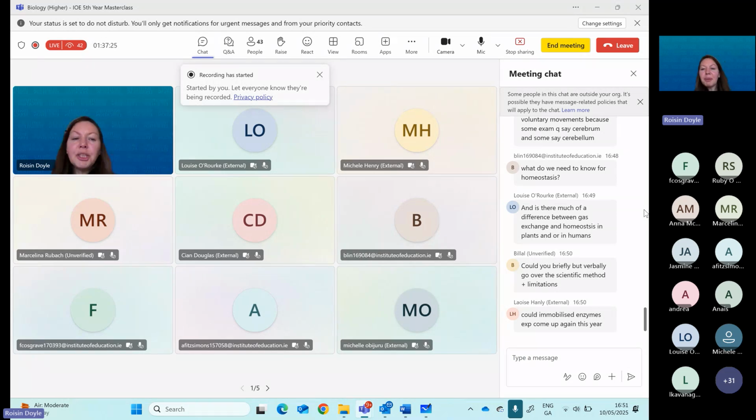I'll give you, Leisha, a bit of insider goss. As somebody that had access last year to a huge amount of scripts as an examiner and as an advising examiner, my personal opinion from all of the scripts is students were very well prepared for the immobilized enzyme experiment.